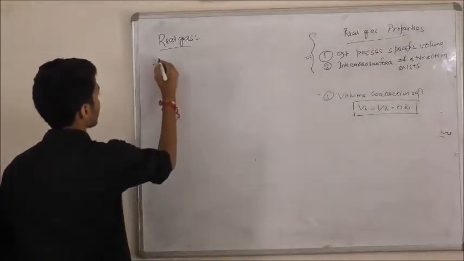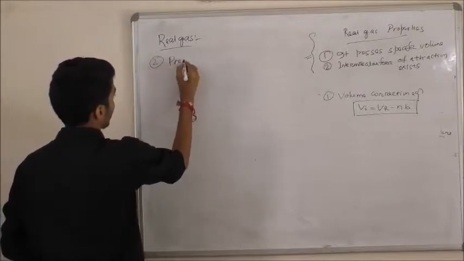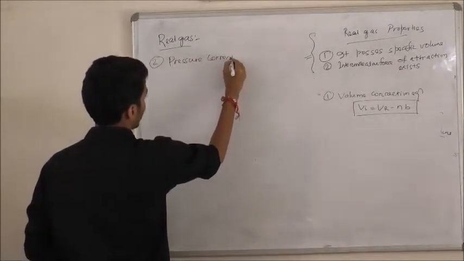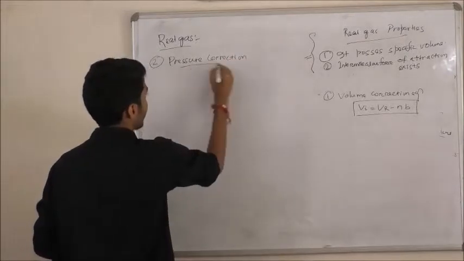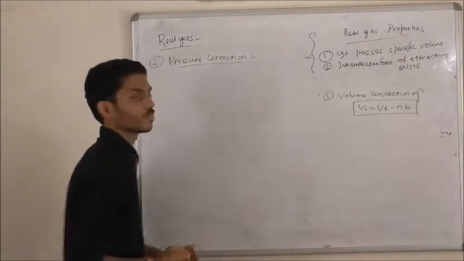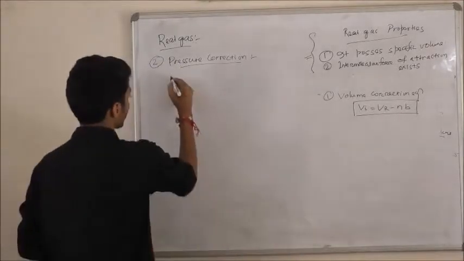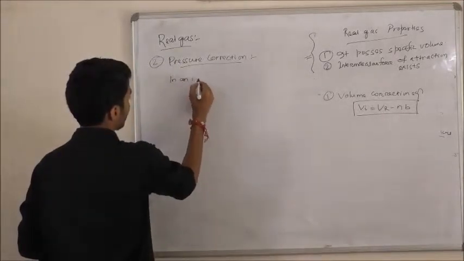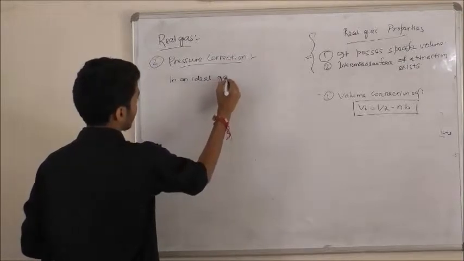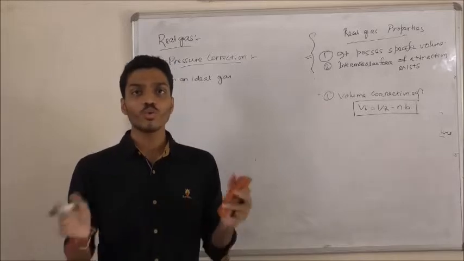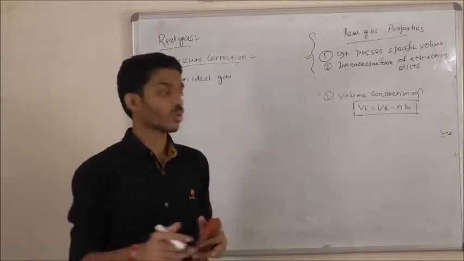Now let's see the pressure correction that we made for real gas. First see, in an ideal gas, the intermolecular force of attraction between two molecules is 0.